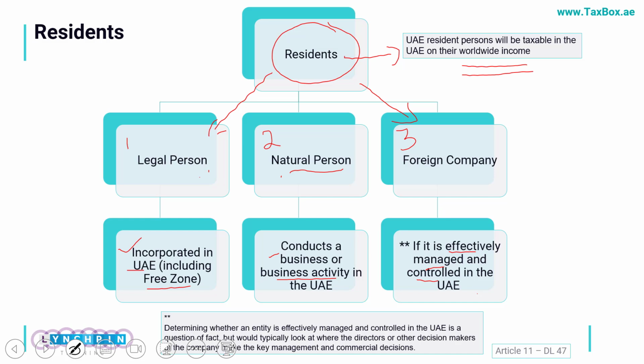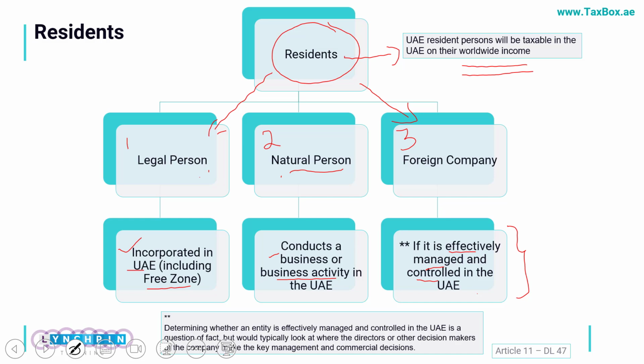Now the concept which says effectively managed and controlled is kind of a tricky thing. If some company has just opened a finance area where all its employees of accounts and finance are sitting here and only conducting the finance activities, in that case it may not be effectively controlled and managed from within UAE.